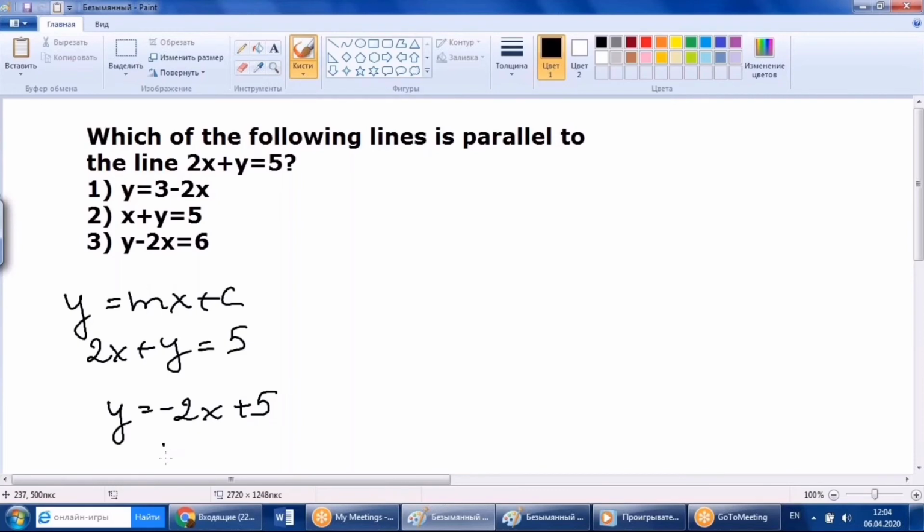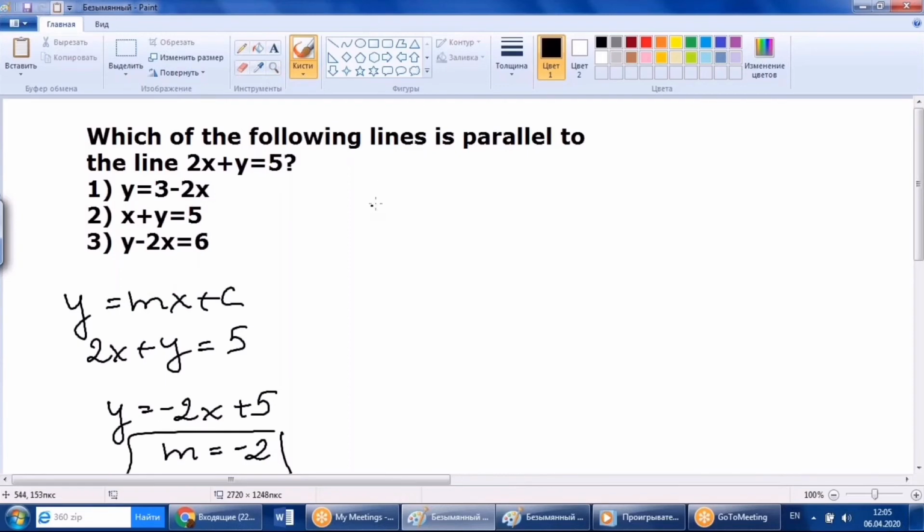So the gradient of this line is equal to negative 2. Then, to find which of the following lines is parallel, we should find the equation with the gradient negative 2.